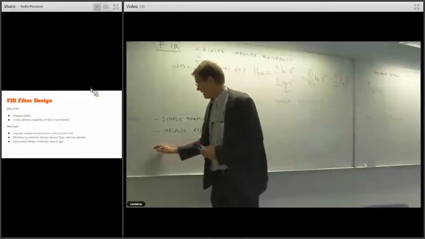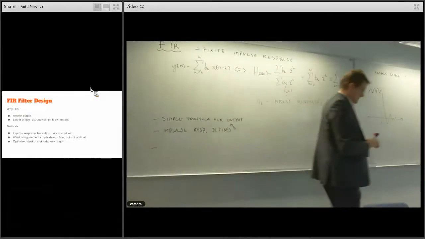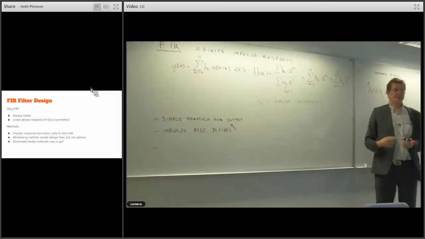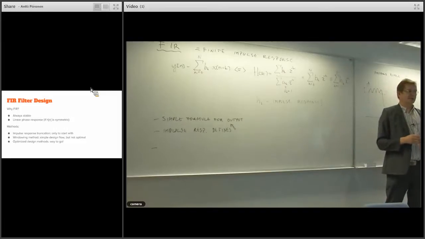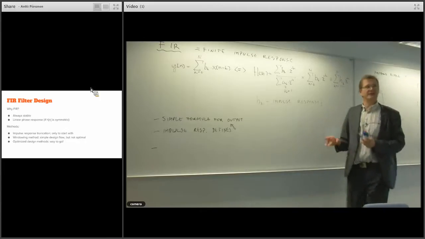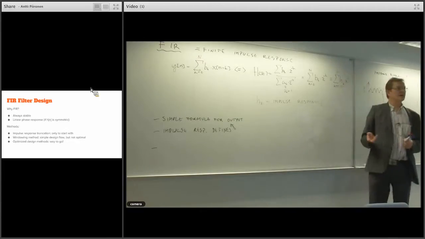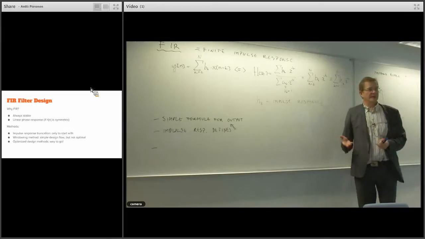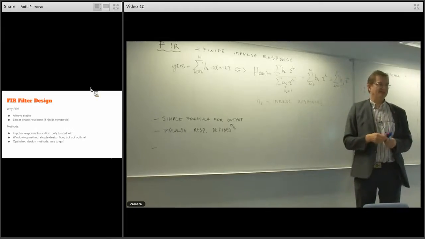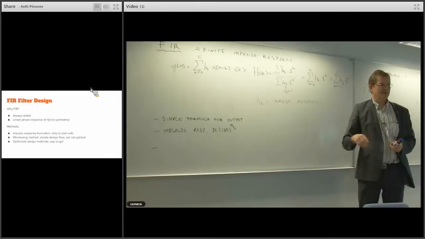Third one, you also can have a so-called linear phase response. Last week we noticed that if we have a linear phase response, we can preserve the pulse form when the signal goes through a system.